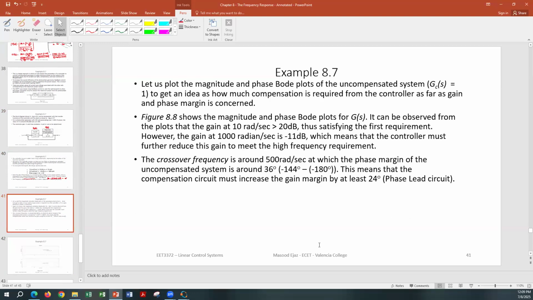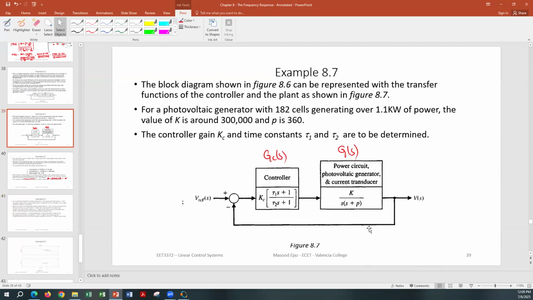Let me see where it is. So we are plotting for this function when K is 300,000 and P is 360. And GC(s) is equal to 1 right now.